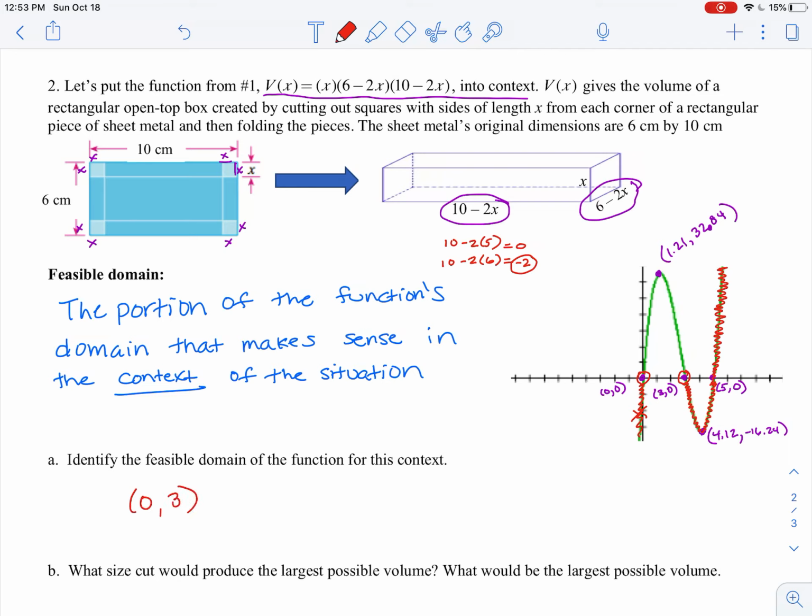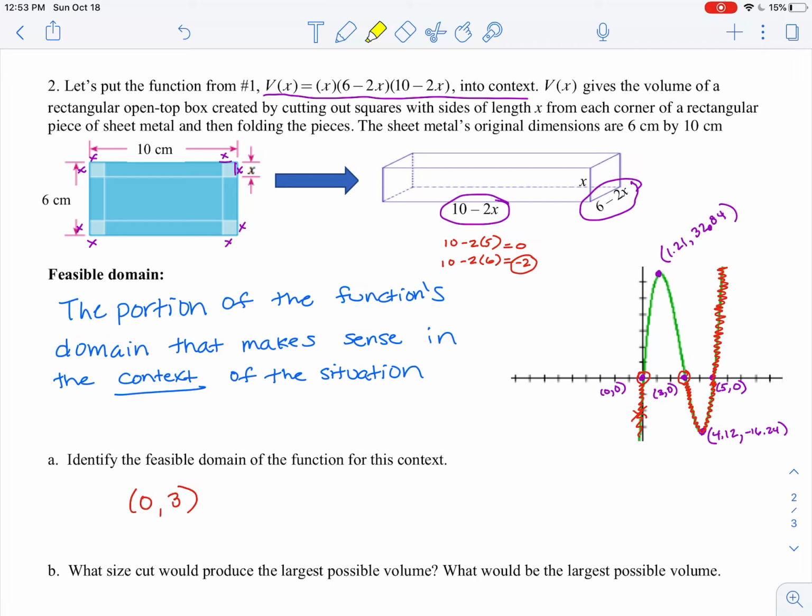And it doesn't make sense for us to remove 0 centimeters or 3 centimeters, because it gives us something that can't be folded. If I remove 0 centimeters, I can't fold this into a box. If I remove 3 centimeters, then I'm going to get a width of 0. That doesn't make sense. And a volume of 0 doesn't make sense for a box either.